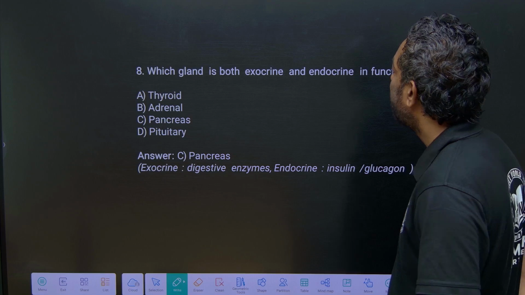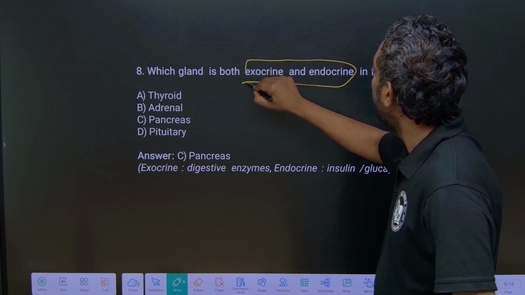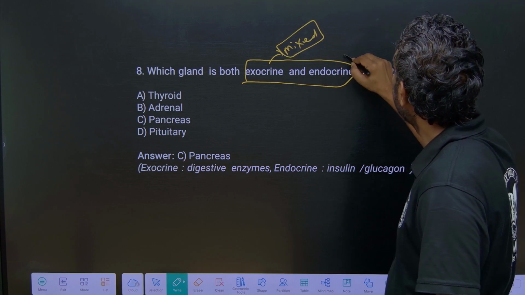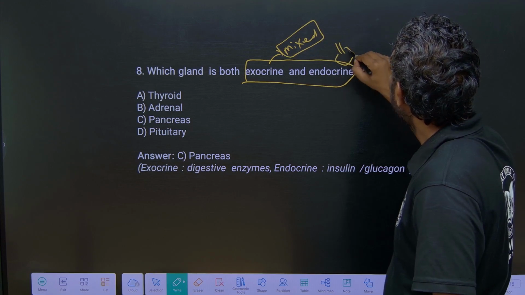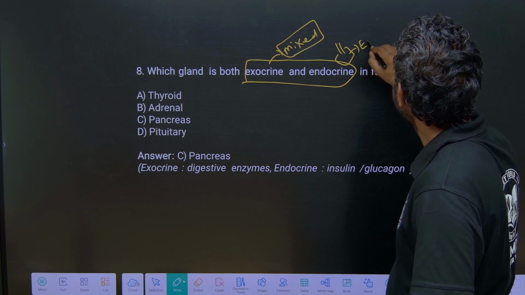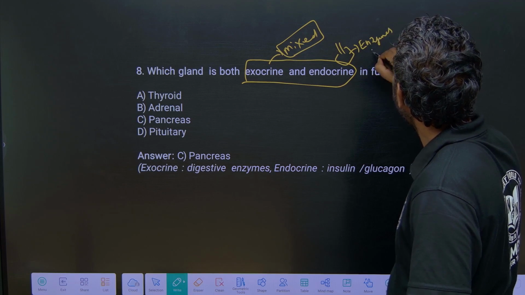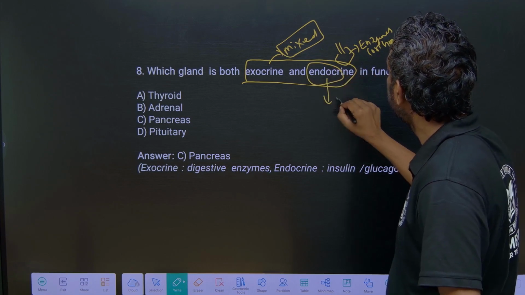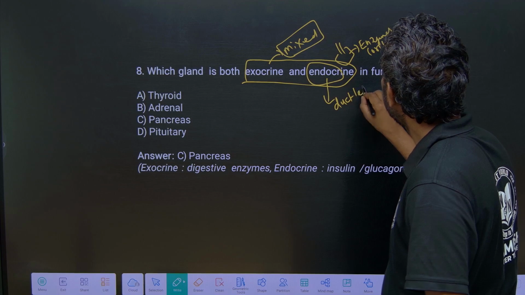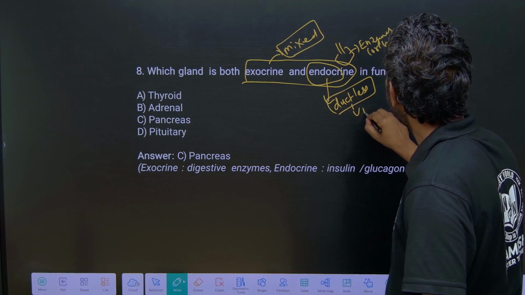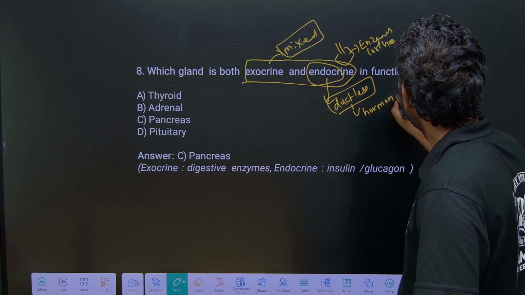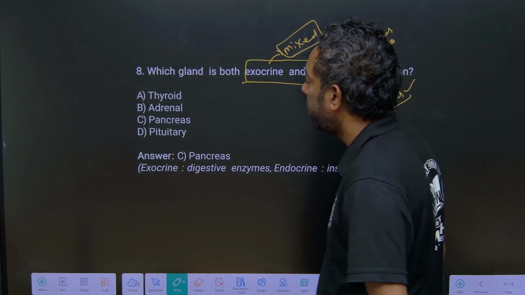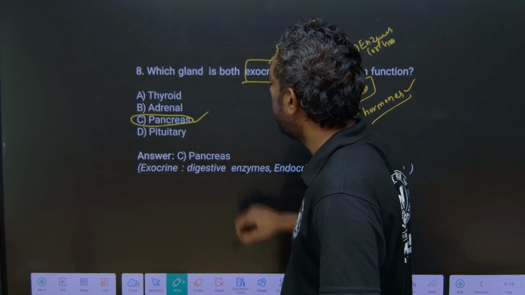Guys, which gland is both exocrine and endocrine, meaning a mixed gland? Exo means with ducts; they produce enzymes or hormones. Endocrine means ductless hormones. Especially the pancreas is the mixed gland.